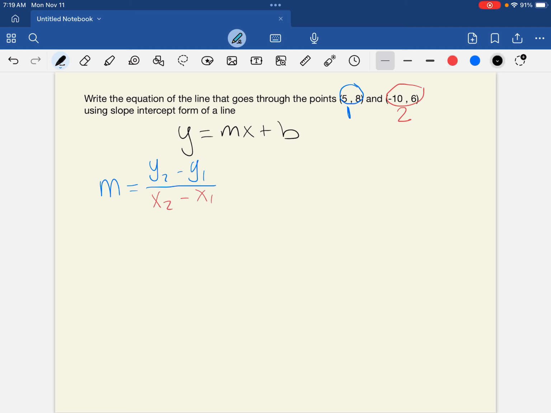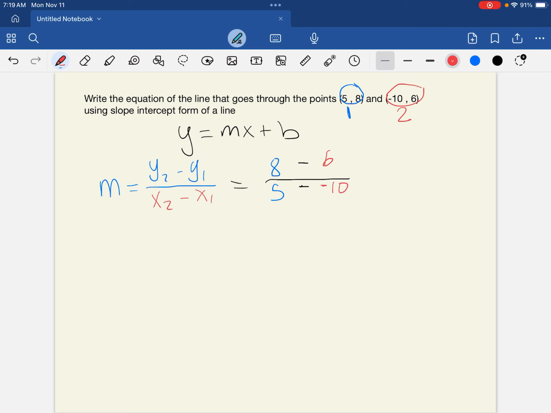When we do this, this is where you have your choice. So just to get started, I'm going to do the point 5, 8 first. So my numerator, I'll put my 8. In my denominator, I'll put my 5. It is always subtract. And then I'll have 6 and negative 10.